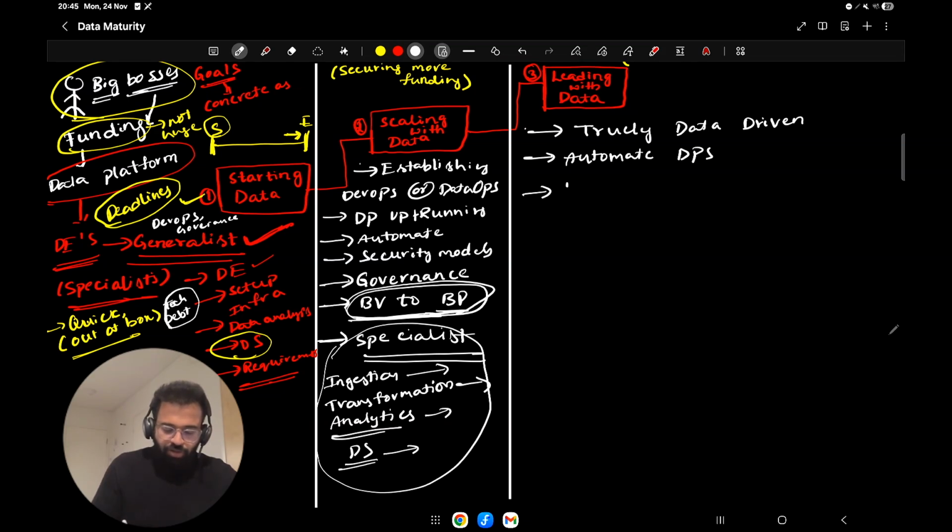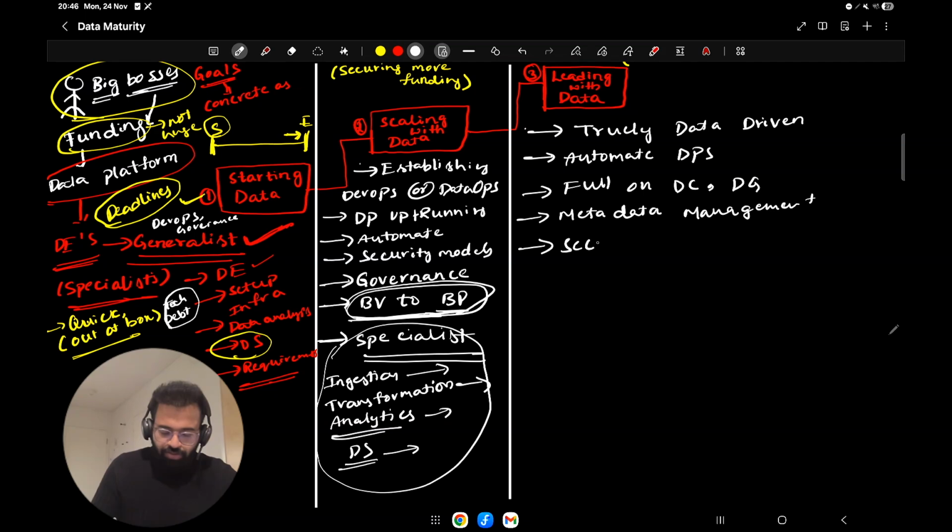Full on data cataloging, proper data governance, proper metadata management practices, very nice security. And you are providing business value to the business people or company at any given point of time in this phase. That's very important.